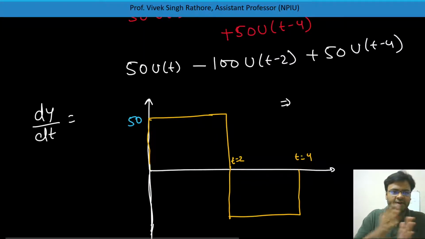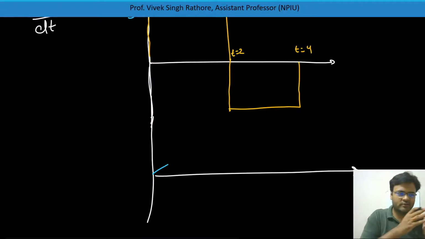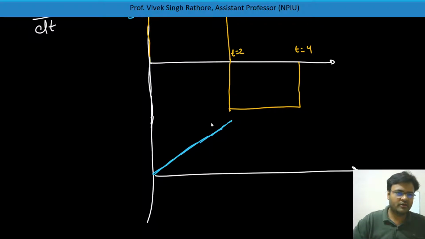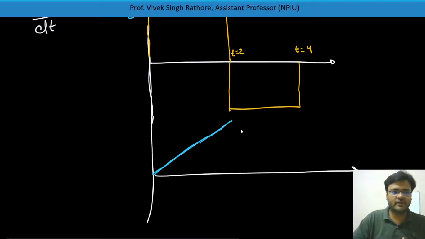It is constantly integrating the same value: 1 plus 1 is 2, 2 plus 1 is 3, 3 plus 1 is 4. If a constant value is added, it will keep increasing, till t equal to 2. At t equal to 2, suddenly the value decreased and a negative value came. A negative value means it is decreasing, until this value.